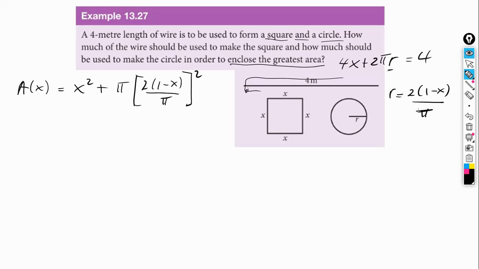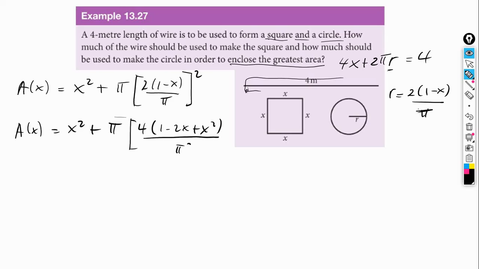But this can be simplified further, in order to make it easier to find the derivative. Then the area in terms of x would equal x squared plus pi times 4 times 1 minus 2x plus x squared over pi squared.